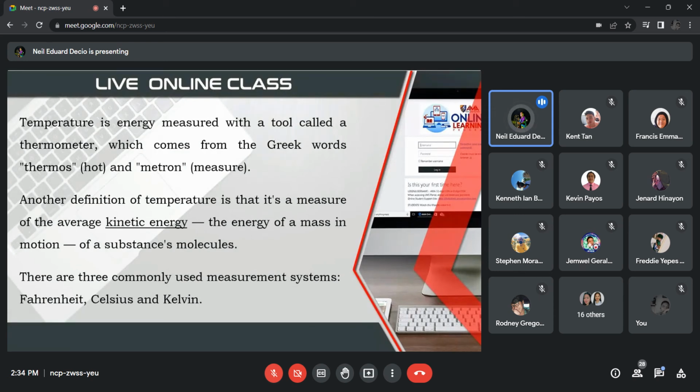That time, thermometers nowadays are digital na, no? But dati they were using mercury to measure the temperature. But before mercury, they were using some kind of alcohol inside the thermometer.